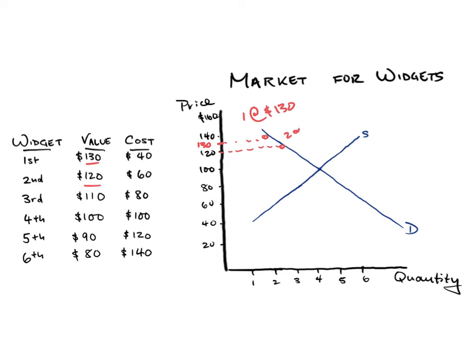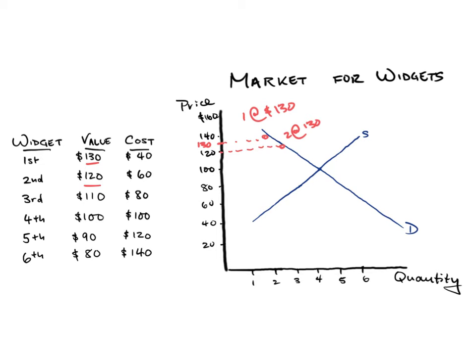I hope you see how that same table of people and their values for widgets could generate a demand curve. And the demand curve tells us, for example, at a price of $100, there would be 4 people who want to purchase widgets.